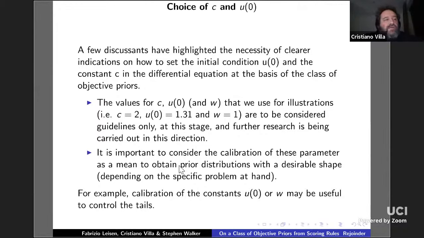They're not intended to bring into the density prior information about the unknown parameter like location or uncertainty and things like that.